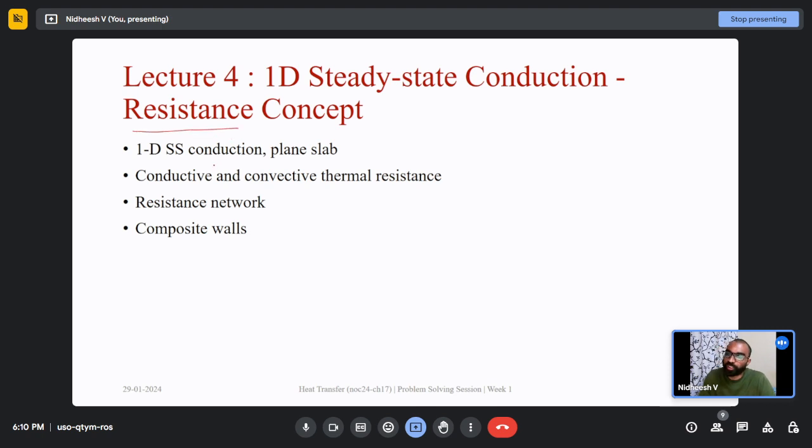This is very important, and in today's lecture we will be extensively using this thermal resistance concept to solve our problems. Not only conduction thermal resistance, we also discussed convective thermal resistance. We saw how to make a resistance network, and we briefly got an introduction to composite walls and how we can build a thermal resistance network for these composite wall cases.